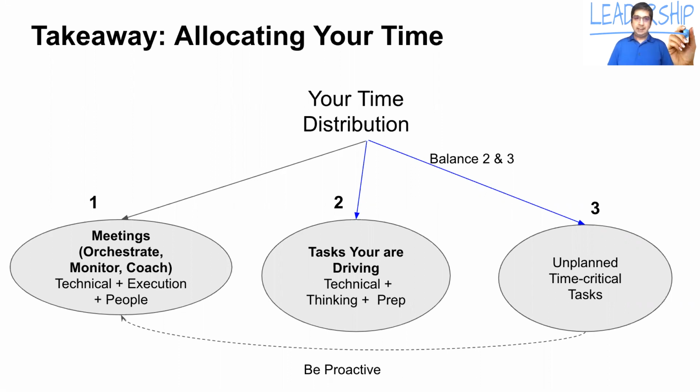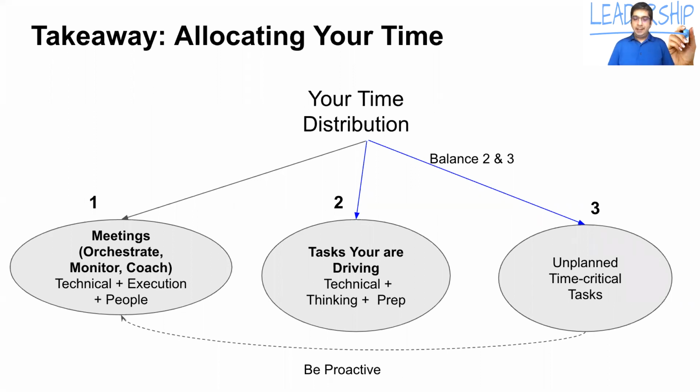So these are the aspects we talked about: the technical meetings, the execution meetings, and the people-related meetings. So that's bucket one of your time. And the more pre-structured and scheduled you are, the more useful that is going to be. So that's bucket one.